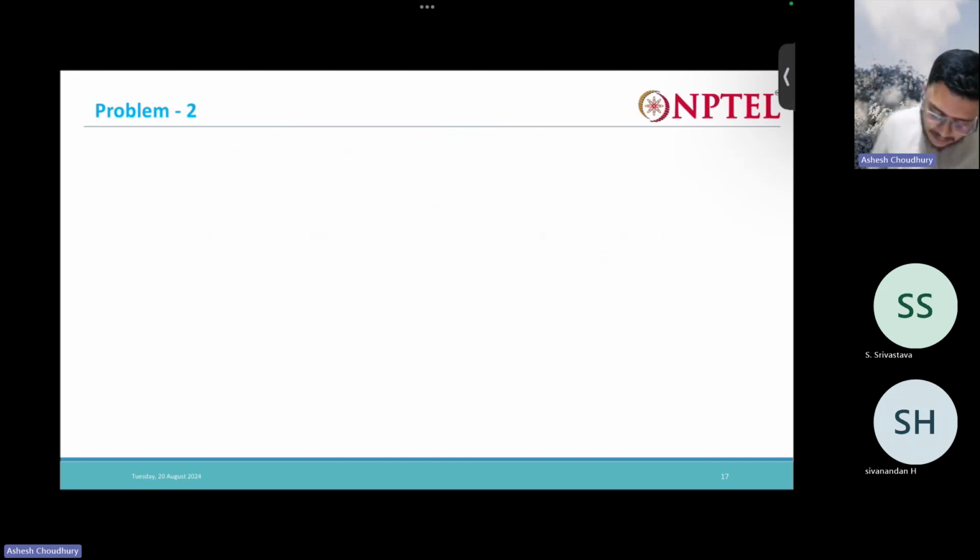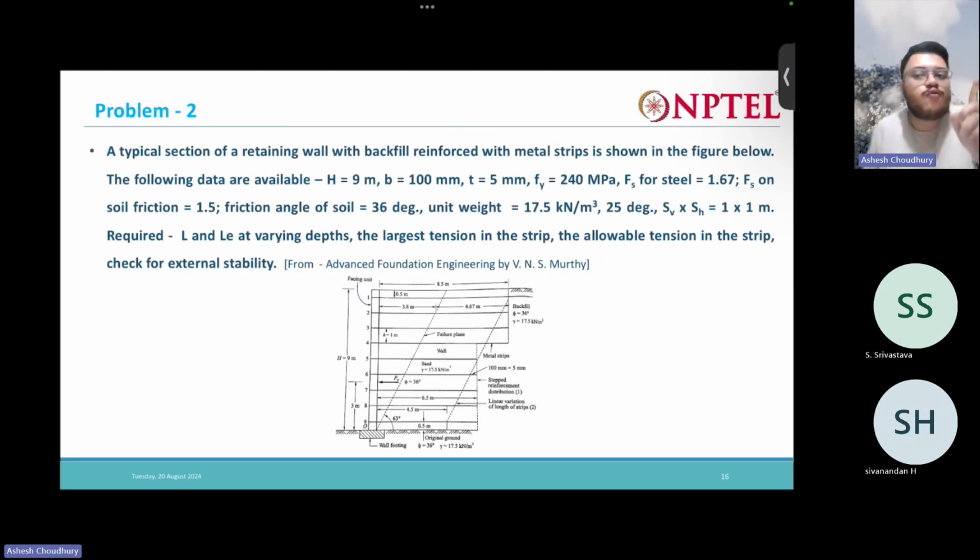See, for the top strip, it is taking 4.55 times 0.5. 0.5 is the height. For the next strip, it is taking 4.55 times 0.5 plus how much? How much is the spacing? 1. So 4.55 times 1.5. Understood, right? So here to here it's 0.5.